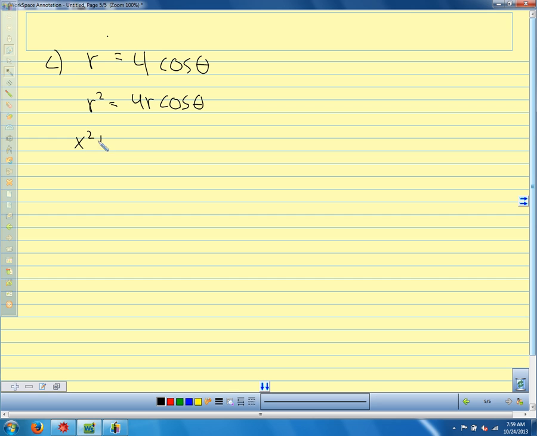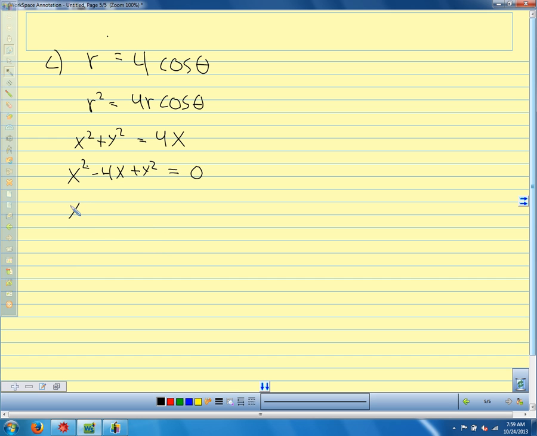So x squared plus y squared equals 4x. x squared minus 4x plus y squared equals 0. So let's go through the process here to figure out what this equation is.